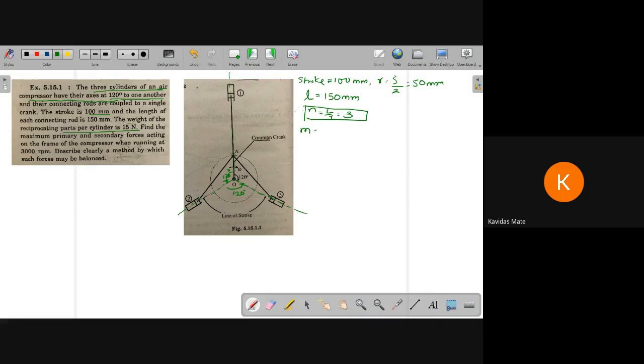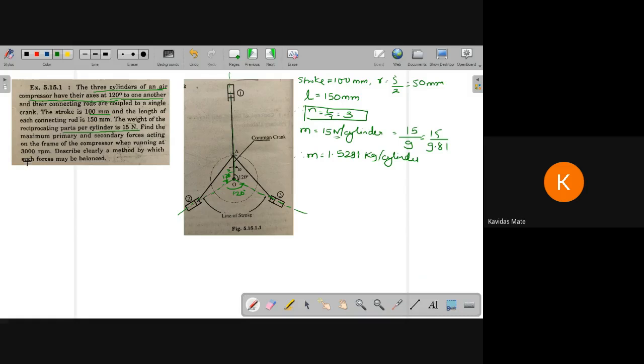Next data is the weight of reciprocating parts per cylinder, which is 15 Newton. So they have given mass m as 15 Newton per cylinder. Now they have given this data in Newton, but what we require is in kg. So 15 divided by g, which is 15 divided by 9.81, so that m comes out to be 1.5291 kg per cylinder.